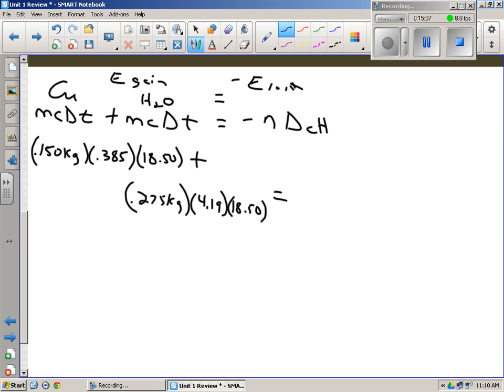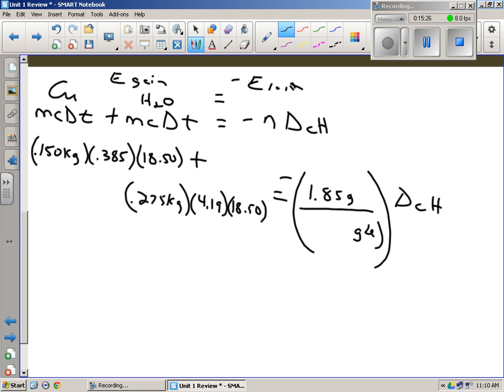And on this side, we need to figure out N. Don't forget we got a negative there. So grams per mole and delta CH here. And we need to figure out delta CH, of course. What do we got? 1.85 grams. And we have this for 2-methylpent-1-ene.